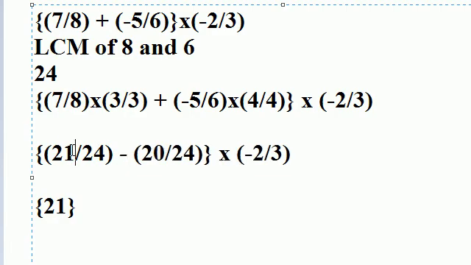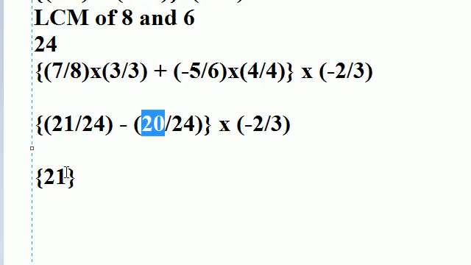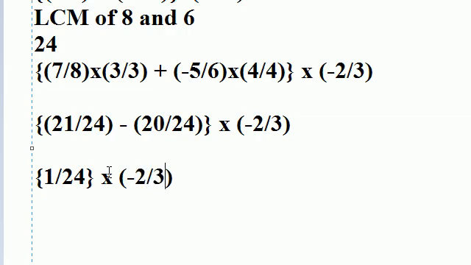So ultimately we have to do 21 minus 20. 21 minus 20 will give you the answer 1, and the denominator will remain as it is, that is 24. And let's write the content outside the bracket, that is minus 2 by 3.